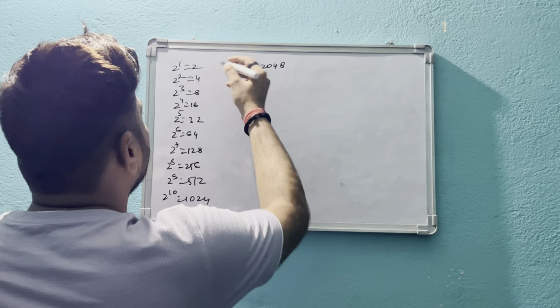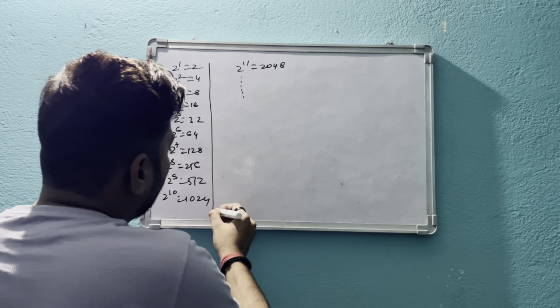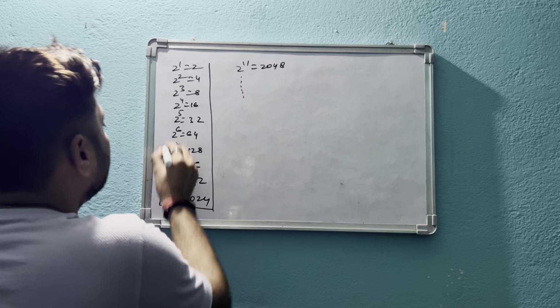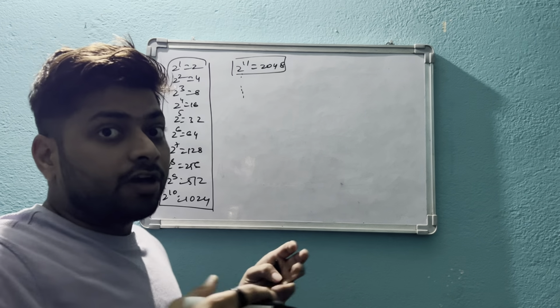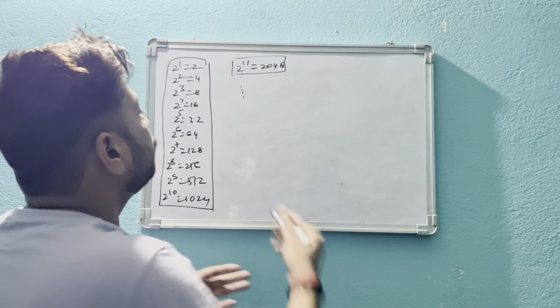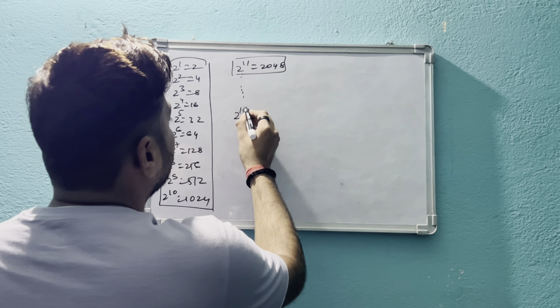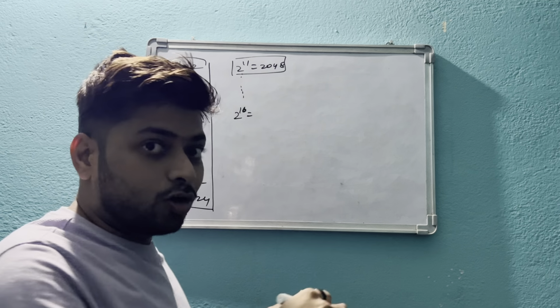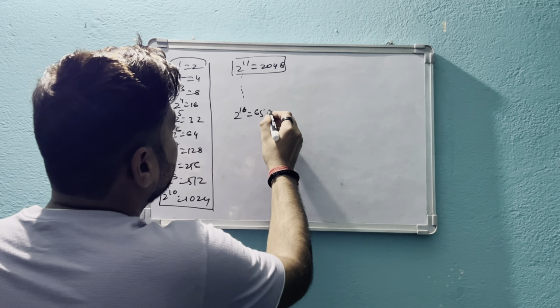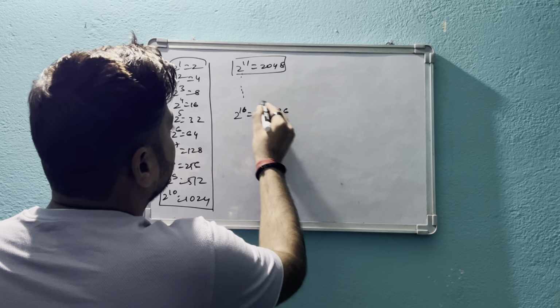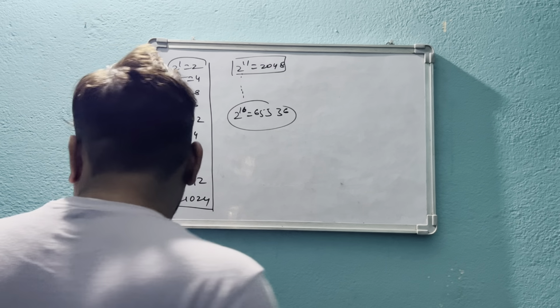Usually you might need to remember these, and along with this it would be very easy for you if you remember 2 to the power 16. I also might not be able to remember, but it is 65536, somewhere around. Let me check if I'm wrong.